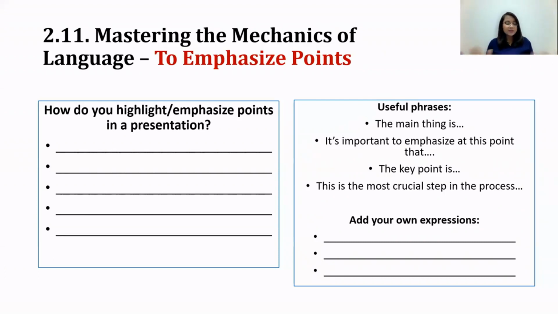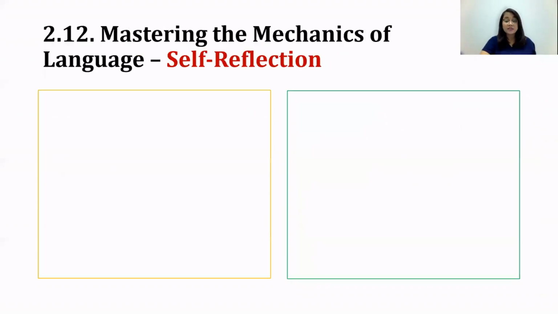Okay, ladies and gentlemen, so that's all the 11 types of expressions in mechanics of language that we need to master and understand in delivering departmental presentation. Before we move on to the next section, which is about basics of effective language use, I want you to answer this question.